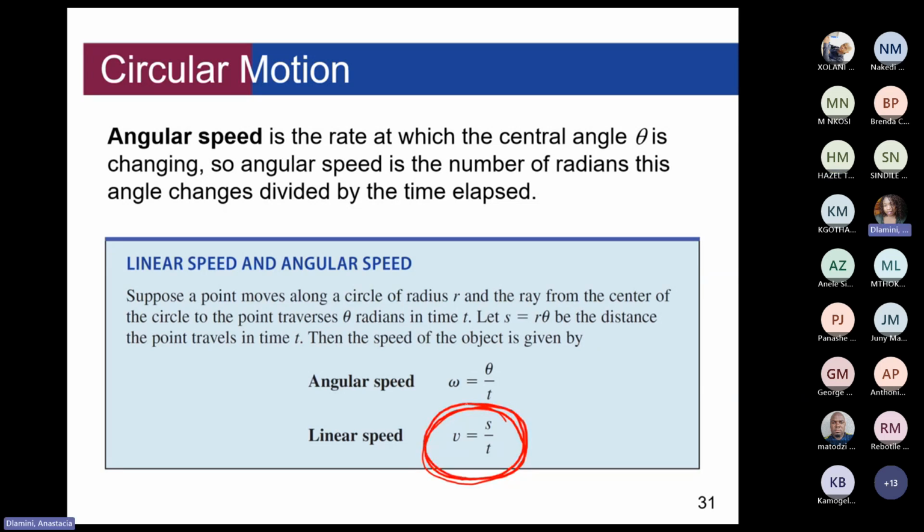You see that? But V equals S over T, so we had to calculate S in order to substitute it back into the equation. Yes. For this one, it was easy to just calculate because we only had theta over T. We were able to find theta from the question and solve.